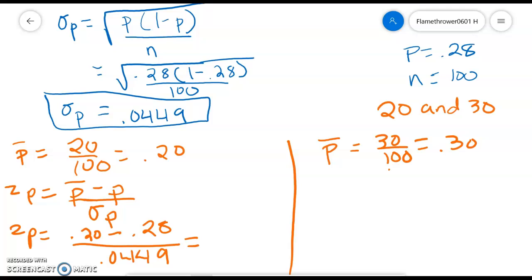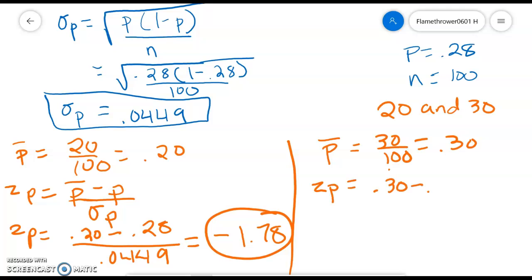And when you calculate that, you will get negative 1.78. Over here, if we calculate, we will get 0.30 minus 0.28 over our 0.0449. Same formula, but this time we're doing it for the 30.